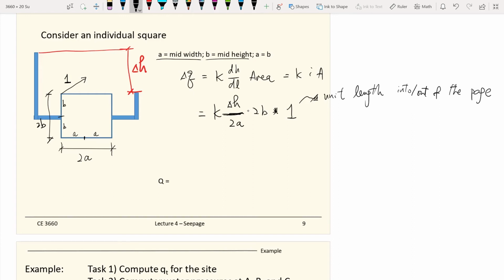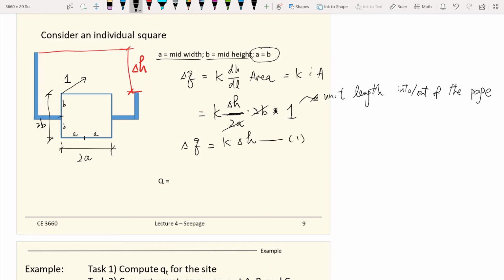And remember, this is a square, so the dimensions are a equals b. So these two terms will cancel out, and now delta Q becomes K times delta H for this 2D seepage flow net.